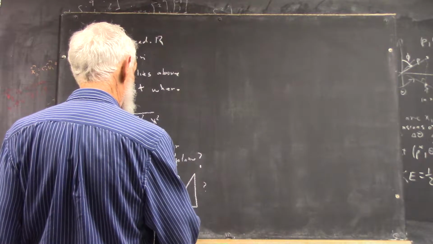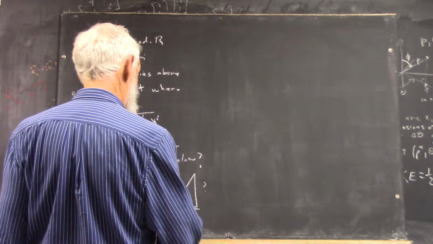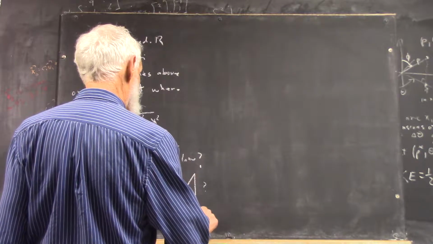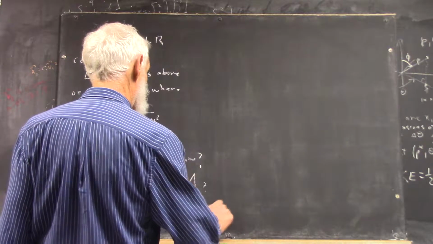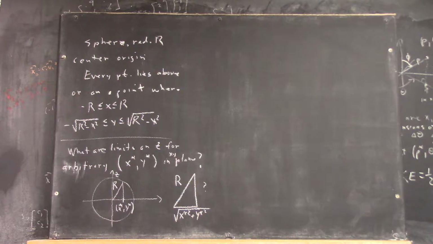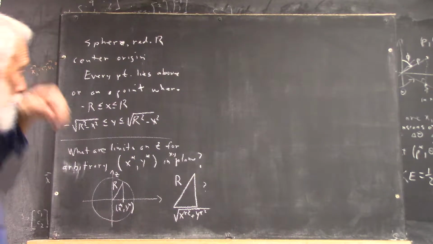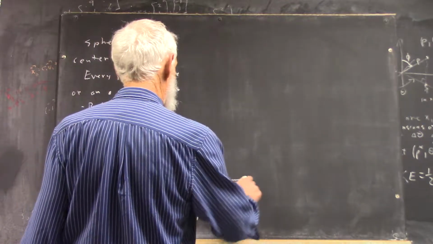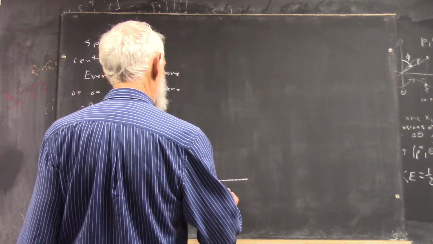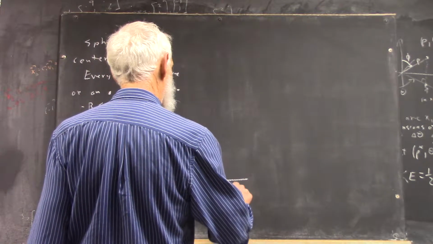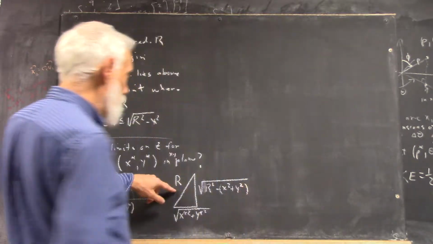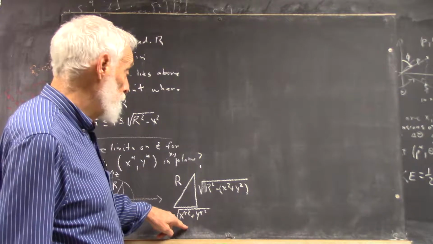So this leg has to be what you get from the Pythagorean theorem, X star squared plus Y star squared, square root of that, right? And then this one is really easy. This will be the square root of R squared minus X squared plus Y squared, because it's going to be the hypotenuse minus the square of this, right?